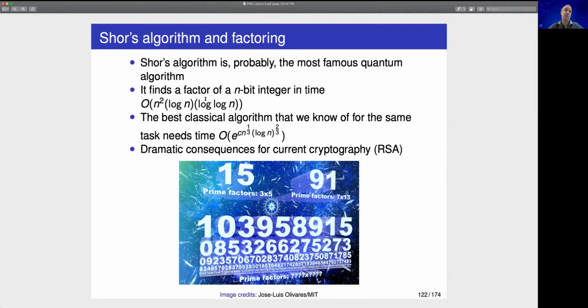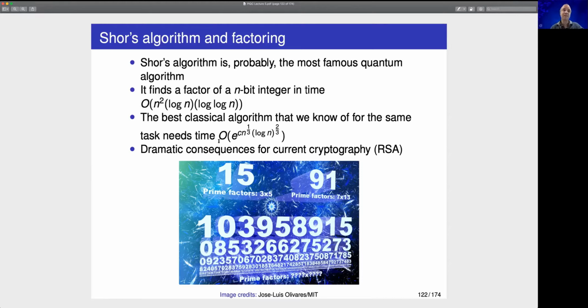Okay, so here you have the expressions of the complexities of these algorithms. For the Shor algorithm, we have something that is polynomial. In fact, it is a little bit bigger than n squared, where n is the number of digits or bits in the expression of the integer that we want to factor.